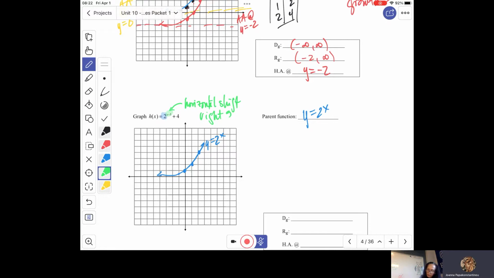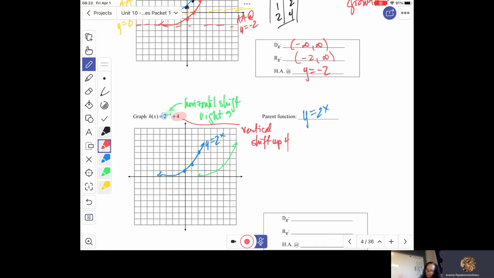I could take each one of these and I can move them. But I'm not there yet, right? Because I still have to add 4 to that. So what is this adding 4 doing? It is a vertical shift up 4.